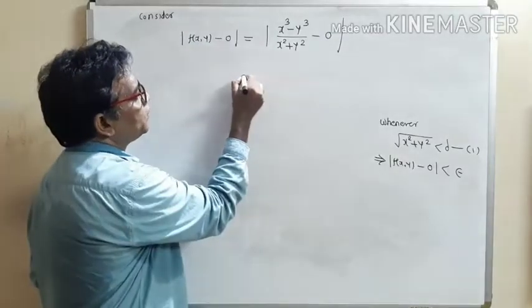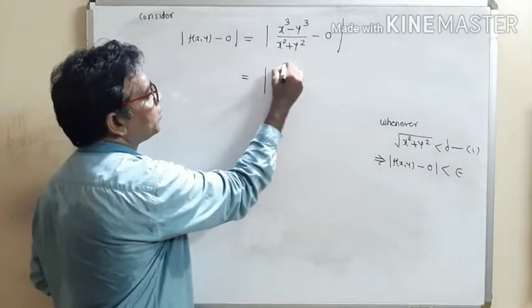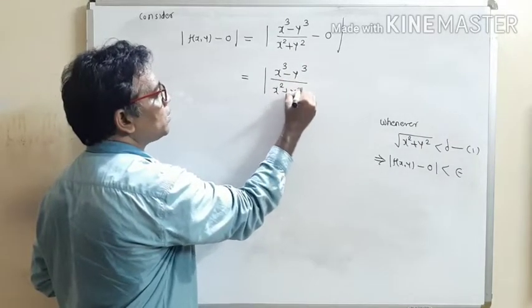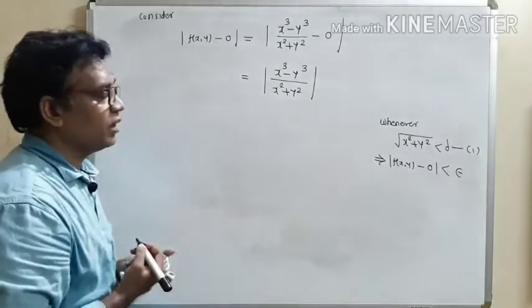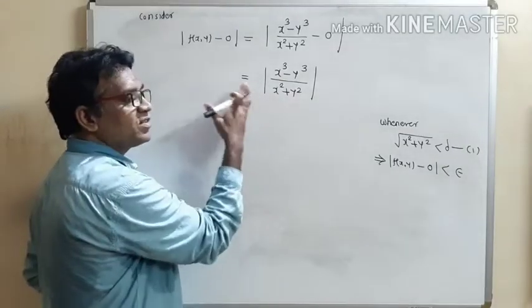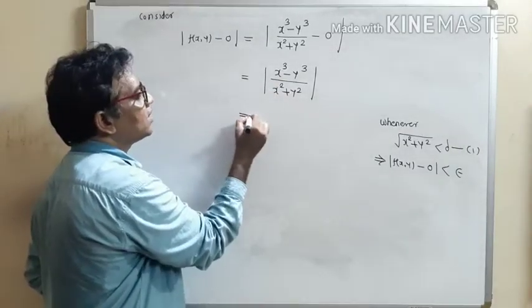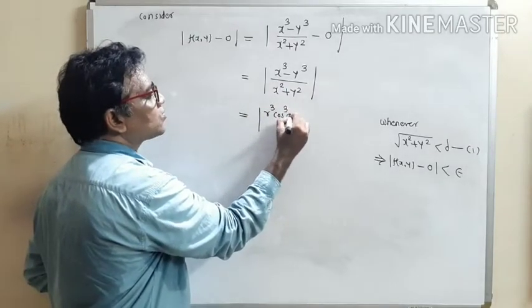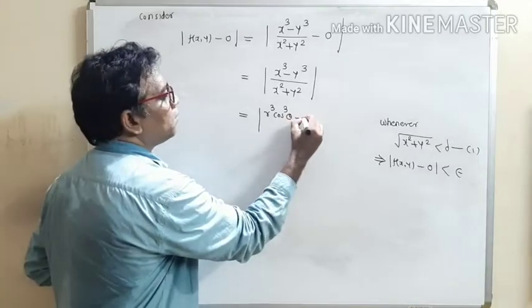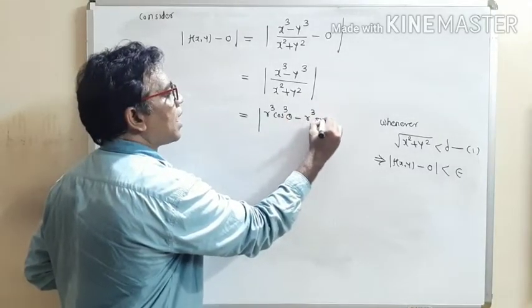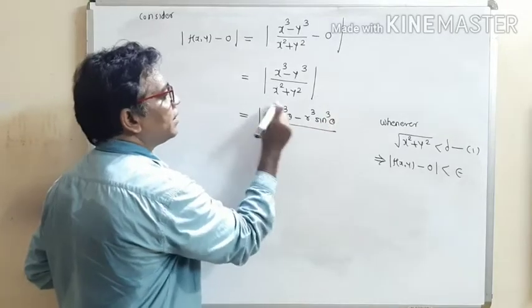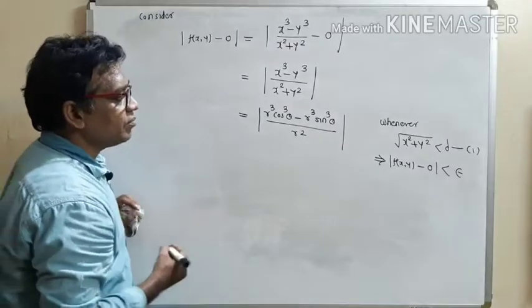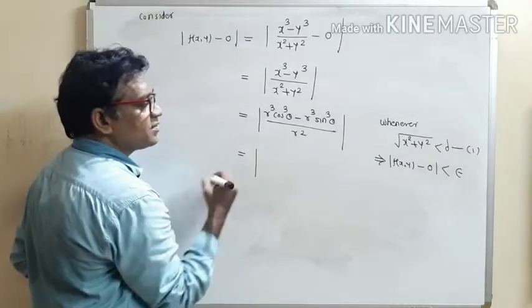So this is equal to the modulus of the same term, (x cube minus y cube) divided by (x square plus y square). Again put the same thing, x equal to r cos theta and y equal to r sin theta. So this is our calculation: r cube cos cube theta minus y cube, which is r cube sin cube theta, divided by x square plus y square, which is r square.